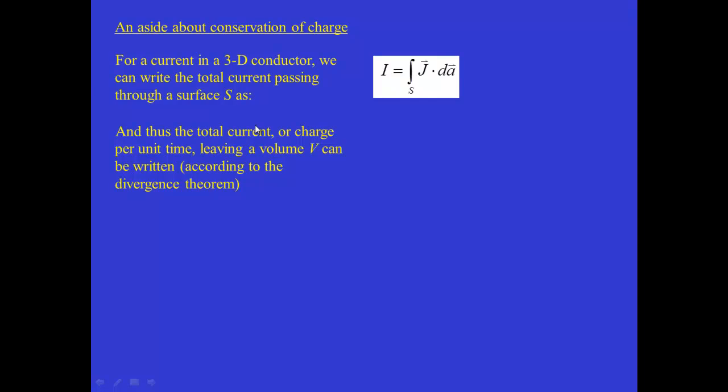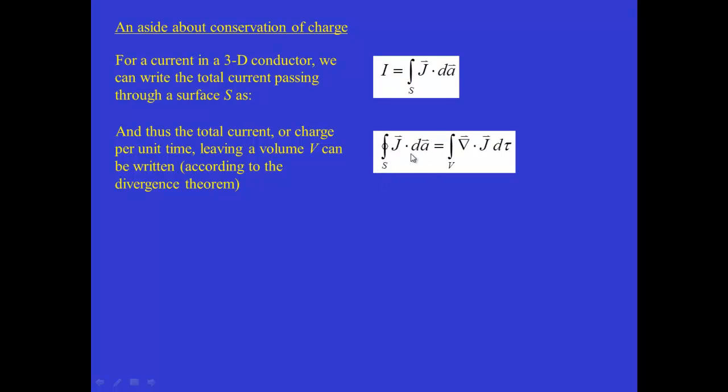Now, the total current that leaves a particular volume. So let's imagine now that this area is not just a plane in space, but we're thinking of, let's say, a sphere that's bounded by a closed volume, or a closed surface. So the current that leaves a volume through that surface can be written like this. It's the flux of J, written down as the integral of J dot dA over a closed surface.